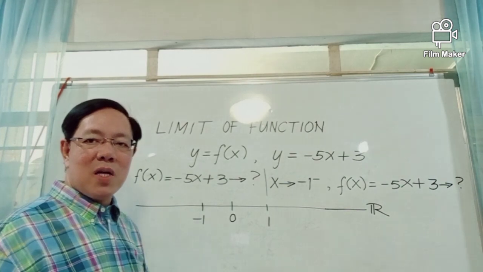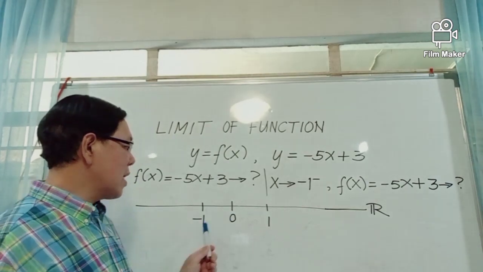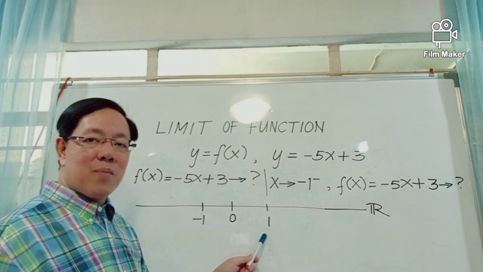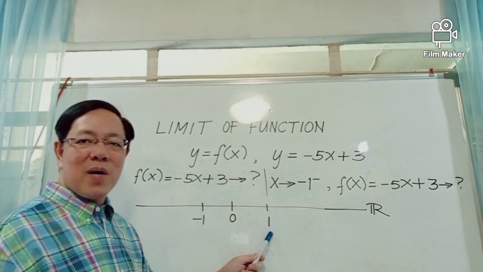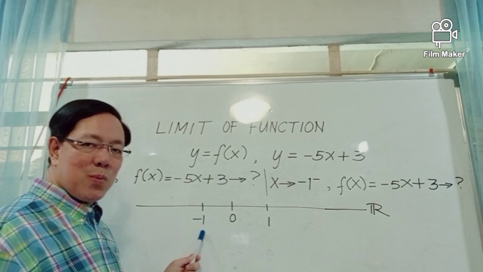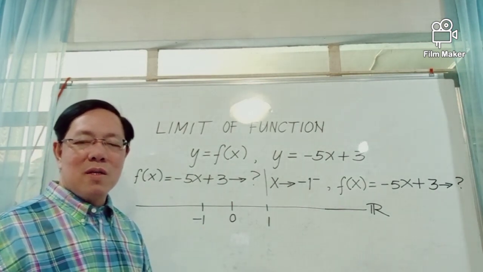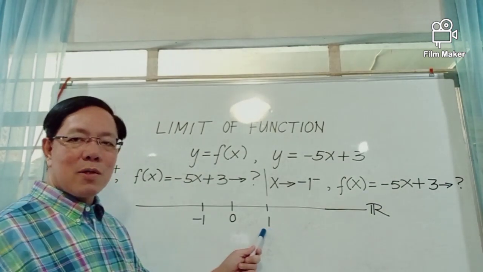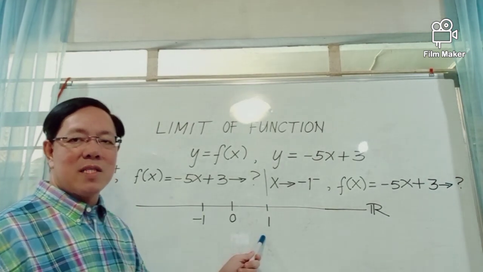So for the first part of our investigation, we will take values of x from the right of negative 1. We will start with one specific number to the right of negative 1, and from that number we will assign values to x that are getting closer and closer to negative 1. But x will never be equal to negative 1. We only assign those values of x that are getting closer and closer to negative 1 from the right of negative 1.